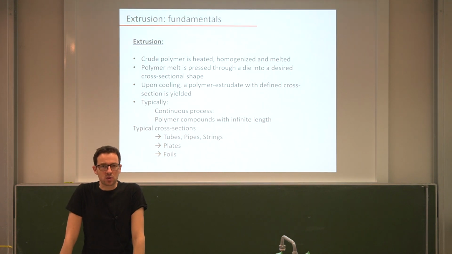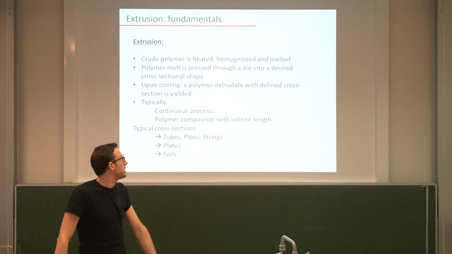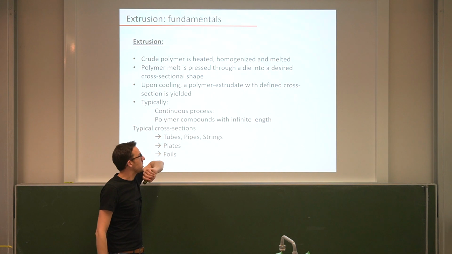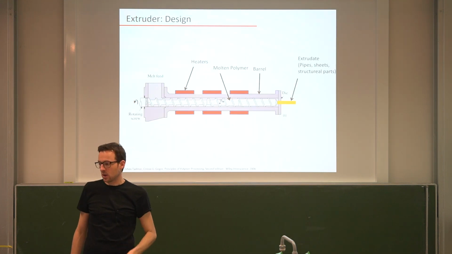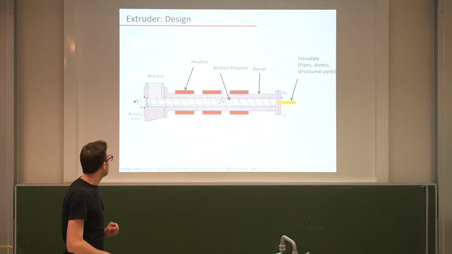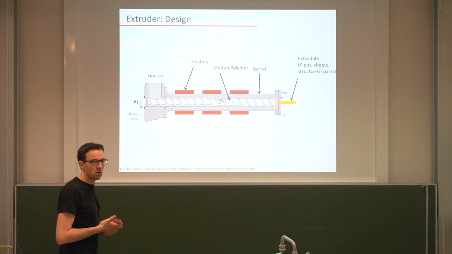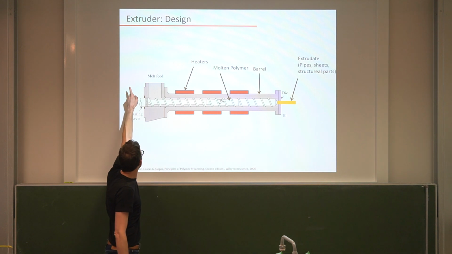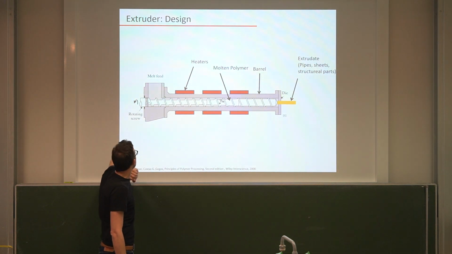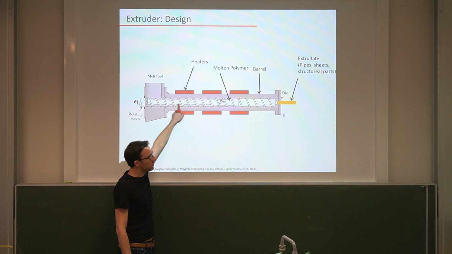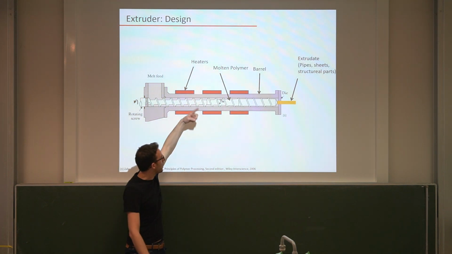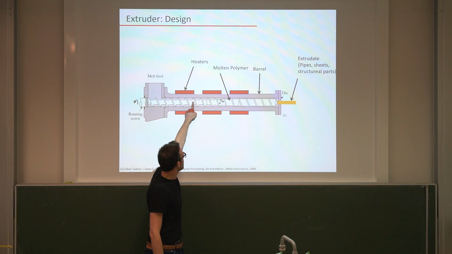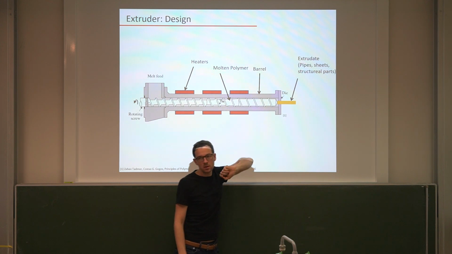So that leaves the question of how do we actually achieve this heating, homogenization, and melting. And in order to do this, you see a very schematic illustration of such an extruder. And you see you have a feed here. So here you add your material. You have a screw, and this screw now rotates to bring your polymer granulate towards the die.